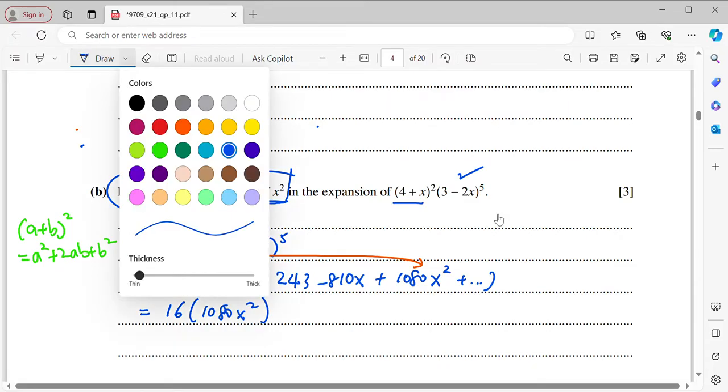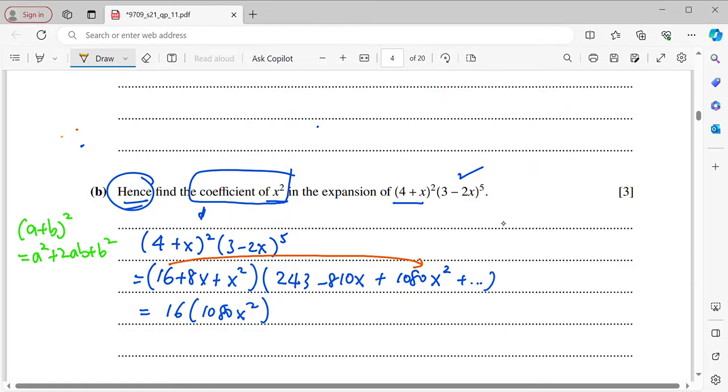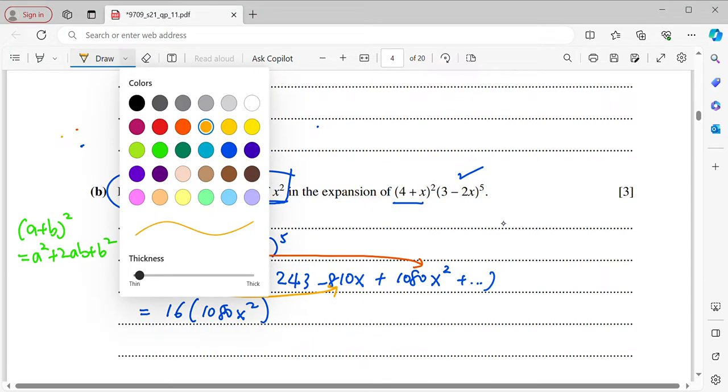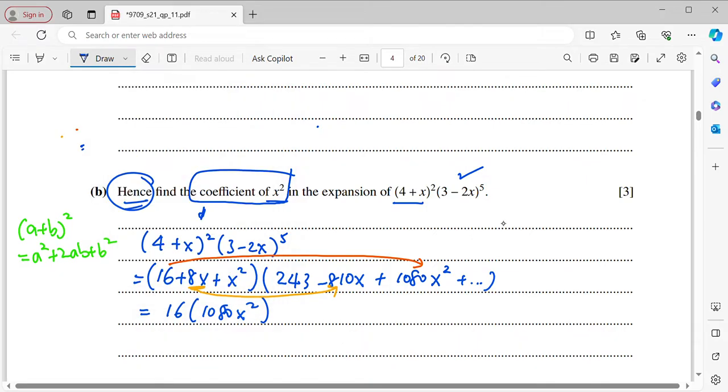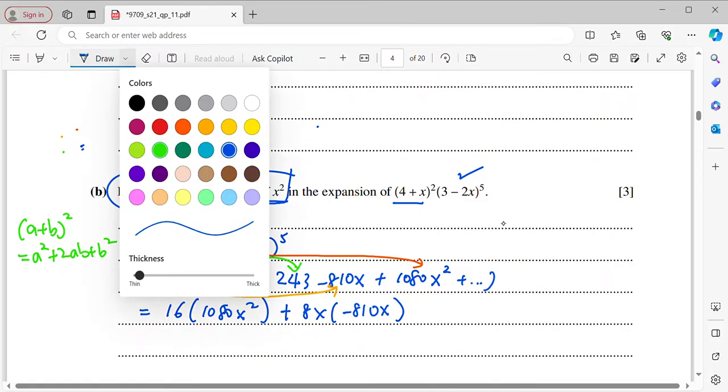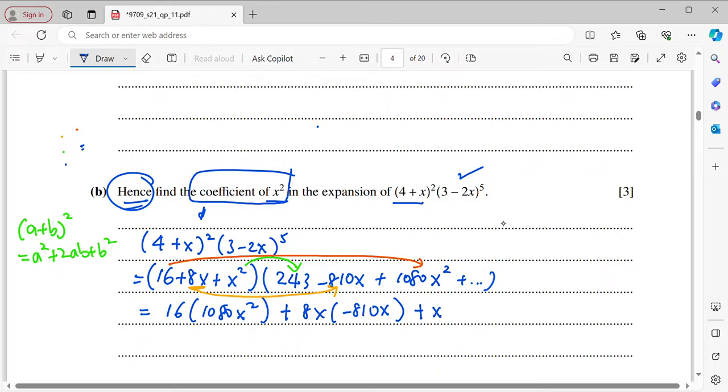And then for the next term, since this has x already, it is multiplied with negative 810x to get the x squared, so plus 8x times negative 810x. And lastly, since this is x squared, I multiply with the constant 243. And the rest of the terms I can just ignore.